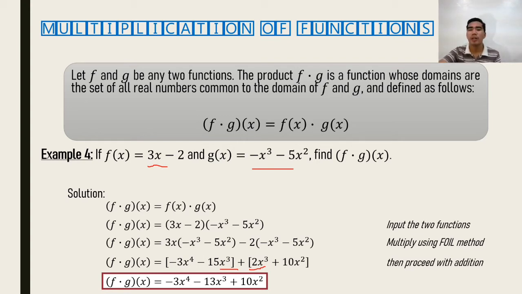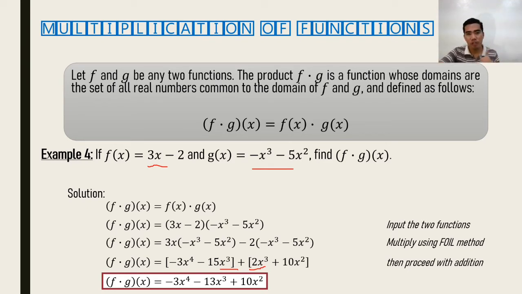So, we have negative 13x cubed plus 10x squared. In multiplication, i-multiply natin sila lahat regardless sa kanilang variable and exponent. But before we arrive at the final answer, we need to do the same process sa ating addition.